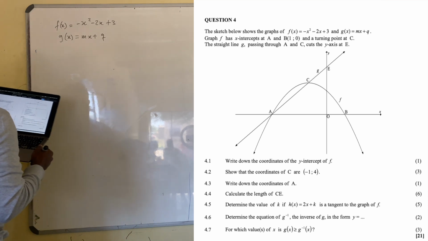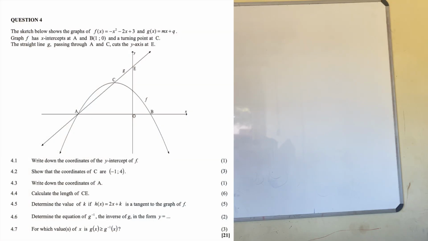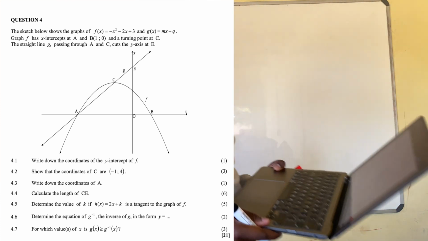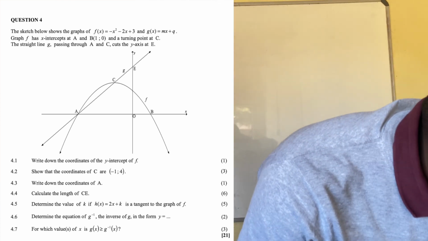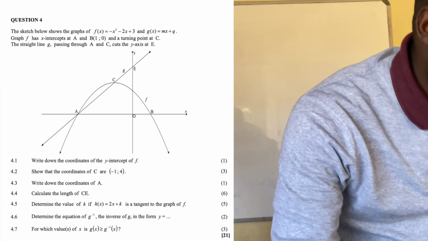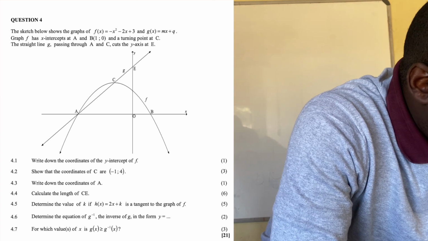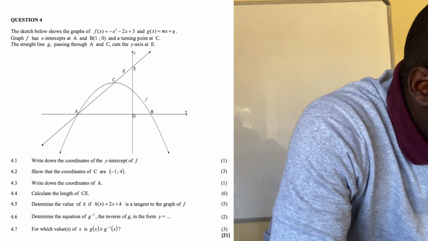And then graph f has x-intercepts at a and b. Do we see a and b on the diagram? Yes. F is the quadratic, so the intercepts are at a and b.